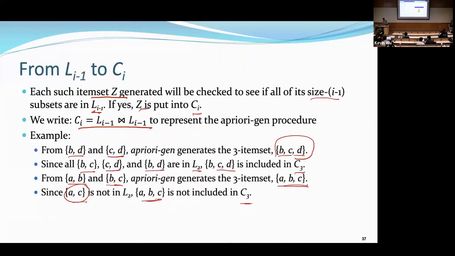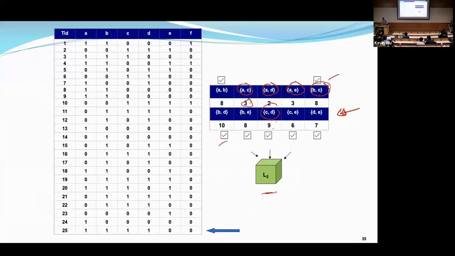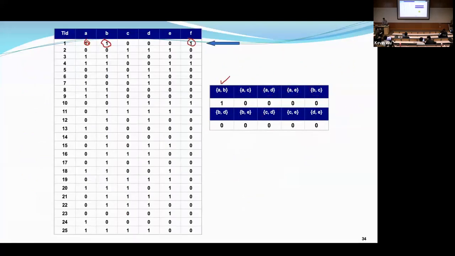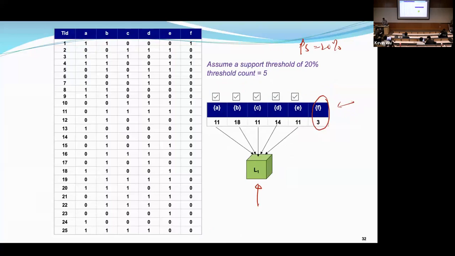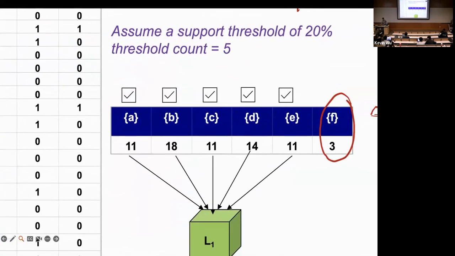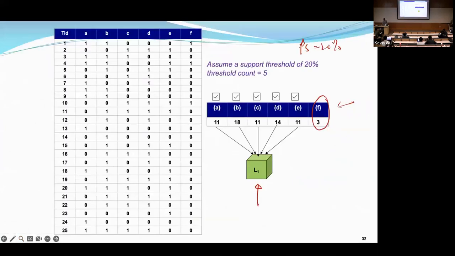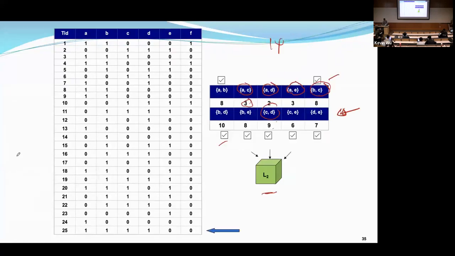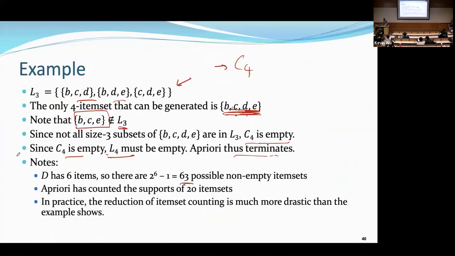For size 3, there are 10. So altogether 14. For size 1, there are 6. So altogether 20, right? So altogether, the apriori algorithm has counted only the support of 20 item sets instead of 63. So there is some saving.